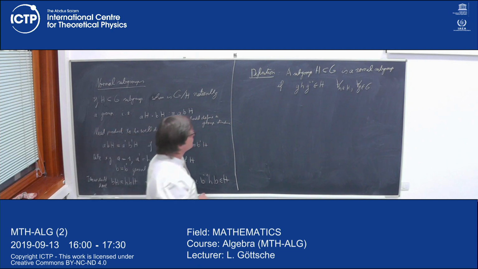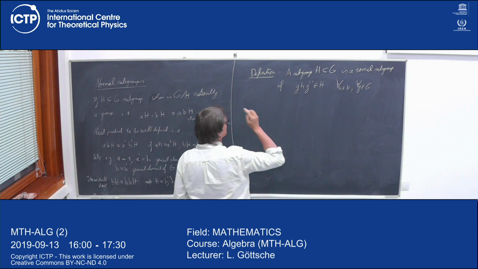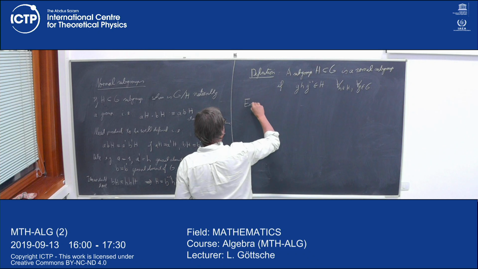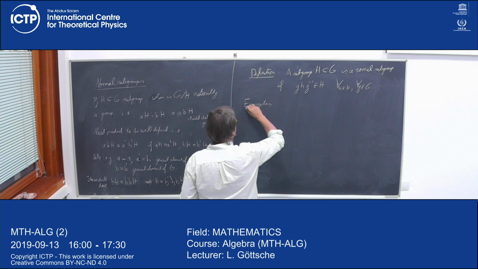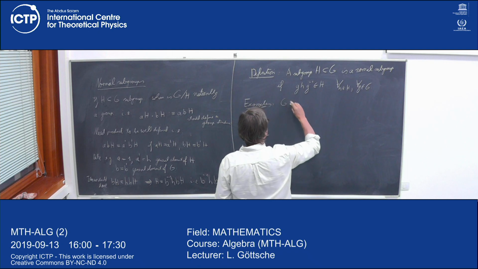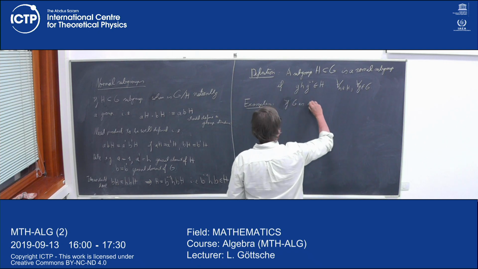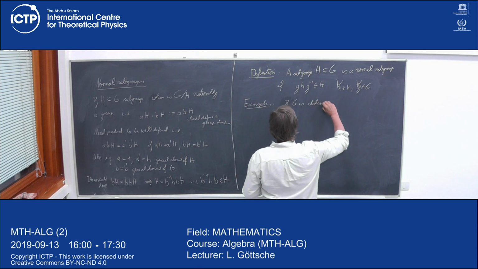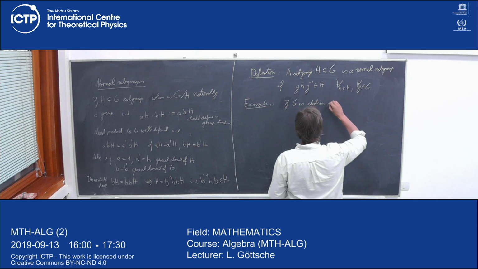There are some trivial cases of normal subgroups. For instance, if G is abelian, every subgroup is a normal subgroup.